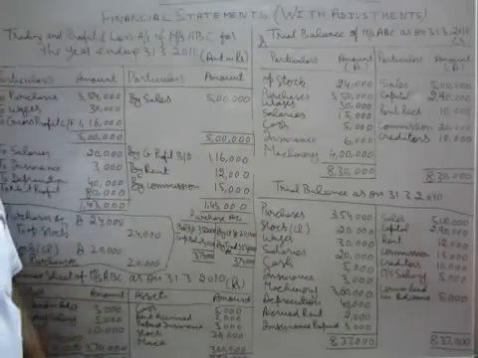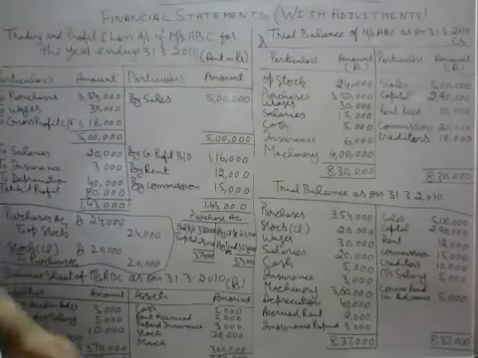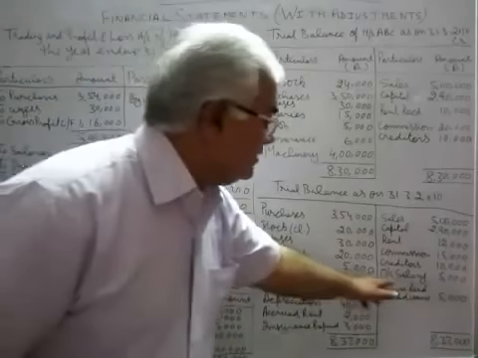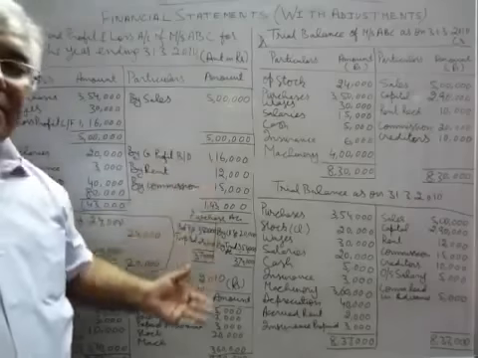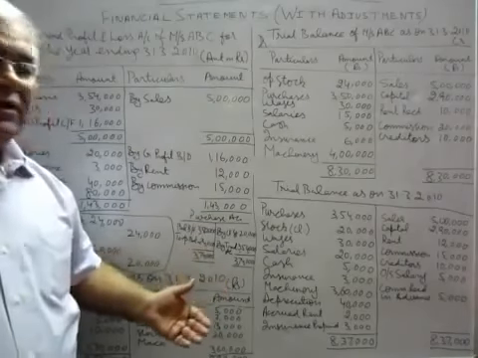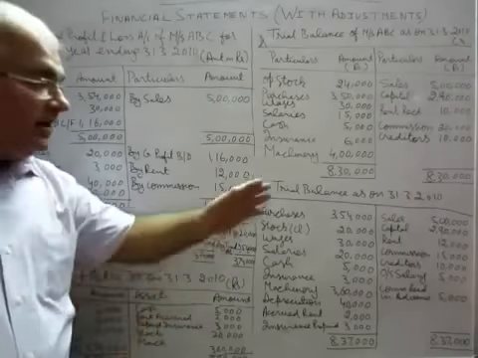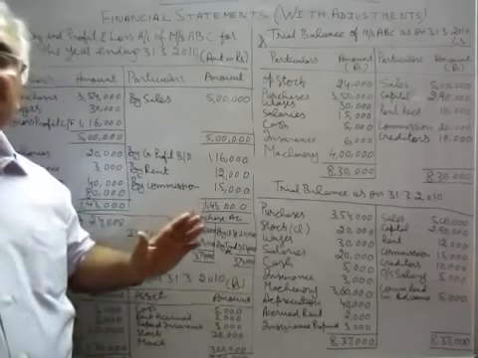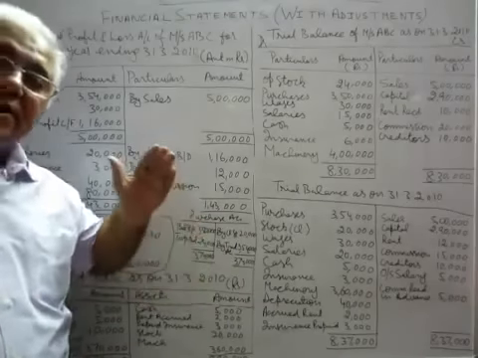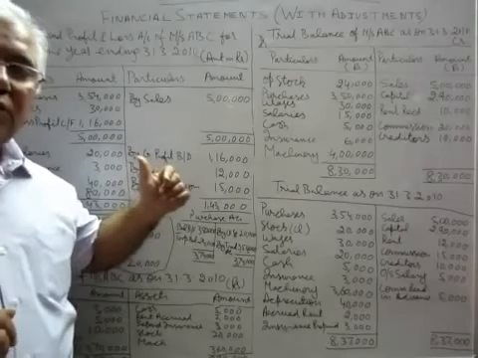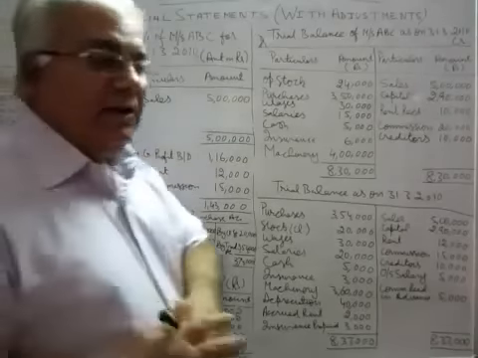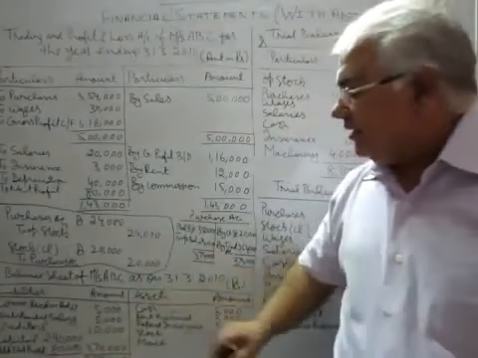That means whenever all these entries like outstanding salary, commission received in advance, or prepaid insurance appear in the trial balance, you need not make adjustment entries. It means adjustment entries have already been made. Okay, and all these items will go only to one place, like in the balance sheet.